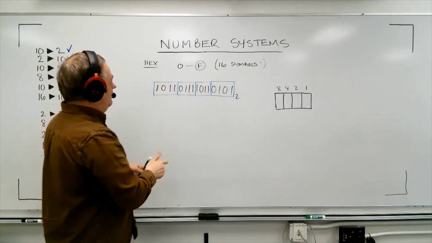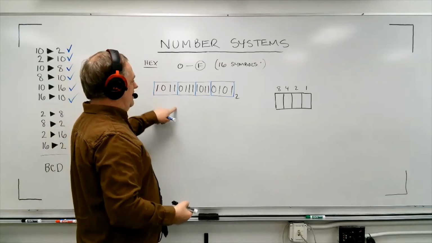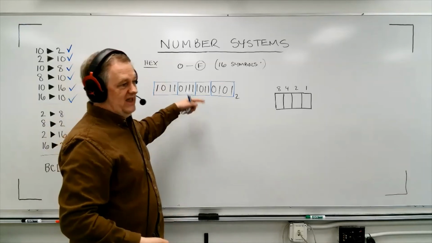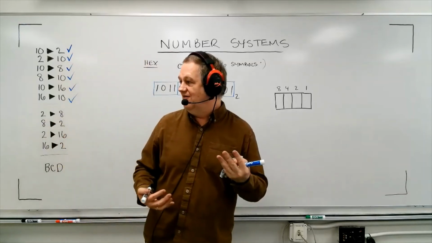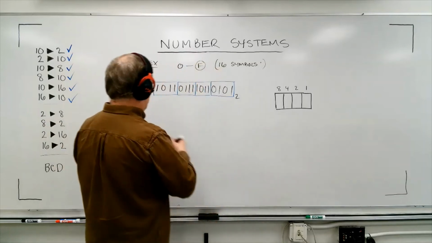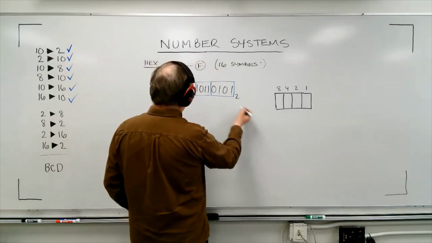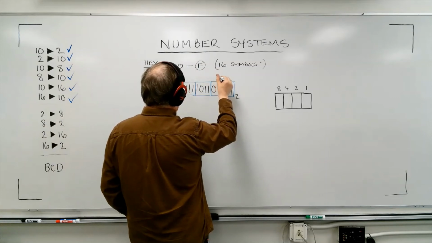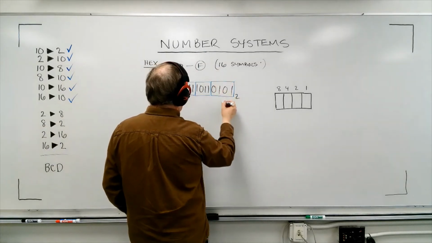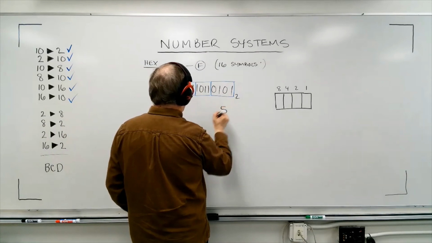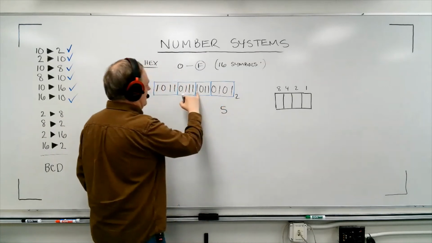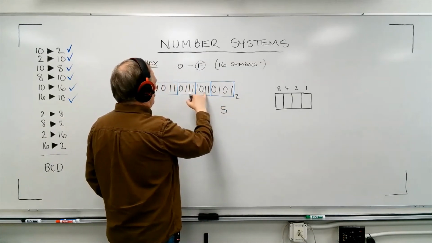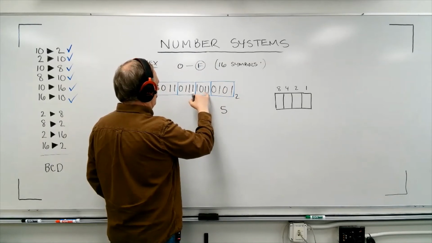Now that means that if I convert this binary number to hex, my hex number is going to have 4 actual characters to it. And the characters will be, remember now, 8, 4, 2, 1. So this one's going to be 5. This one is going to be 8, 9, 10, 11.